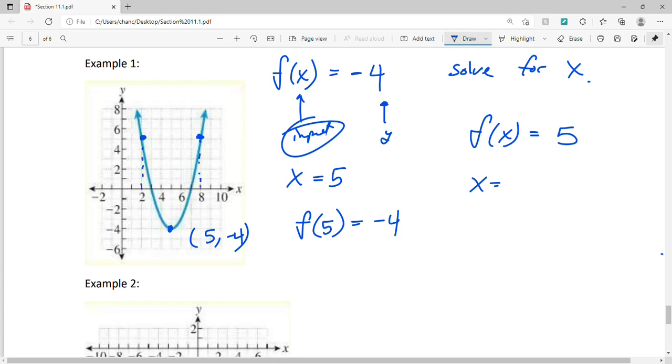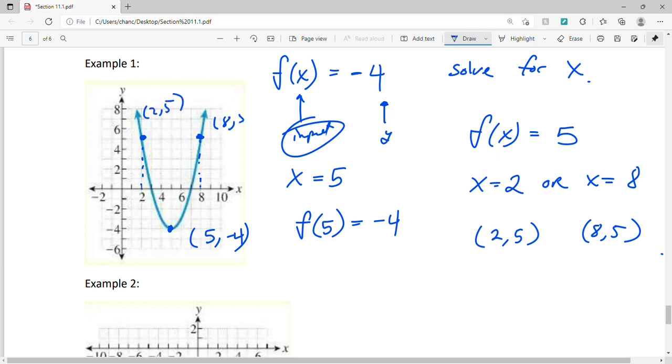So in this case, x could be equal to 2, or x could be equal to 8, because the points 2, 5 and 8, 5 are on the graph. And so we have 2 different solutions for x.